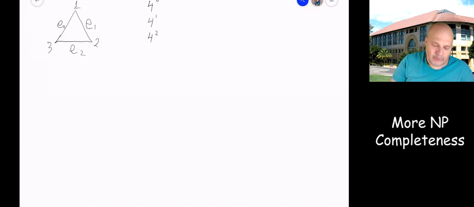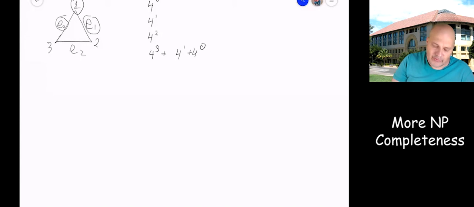Node numbers are going to be 4 to the m, meaning 4 to the 3, plus the edge numbers for the adjacent edges. So if we take, for example, the first vertex, the adjacent edges are E1 and E0. So for the first vertex, the number that we're going to get is 4 to the 3 plus 4 to the 1 plus 4 to the 0.